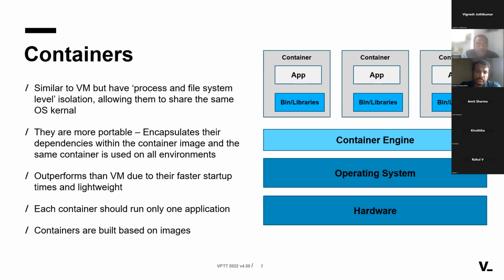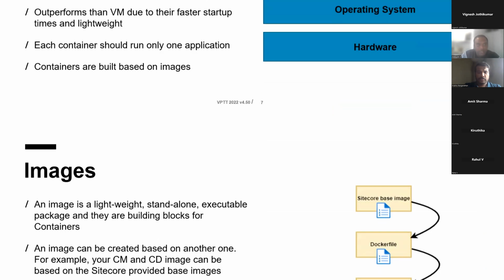Say, for example, we have our Sitecore CM instance, and only one Kubernetes pod is going to host that. Similarly, we have the CD and the ID rendering host, and each of them will be hosted in individual pods. Containers, as I have told, are built based on images. So next we are going to see a bit about images.